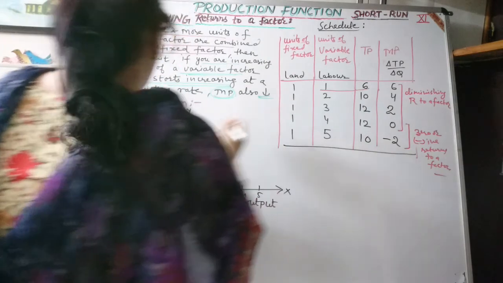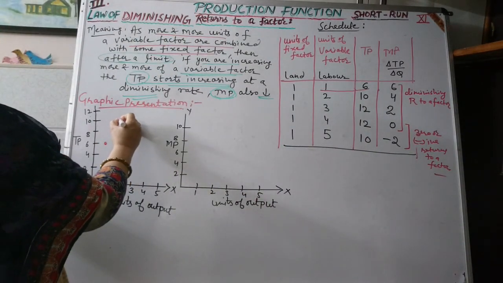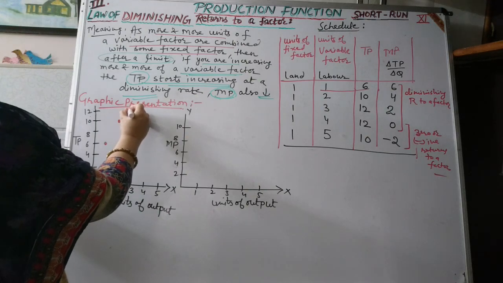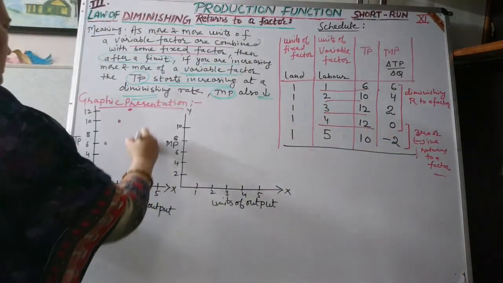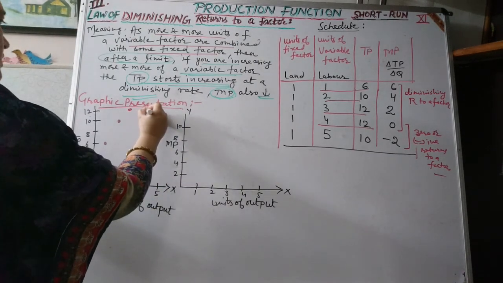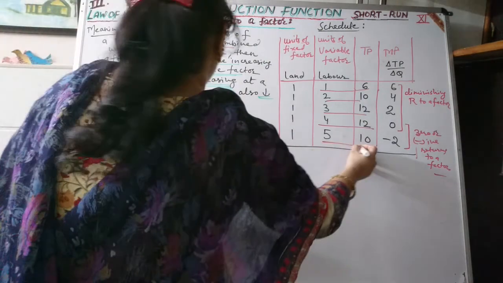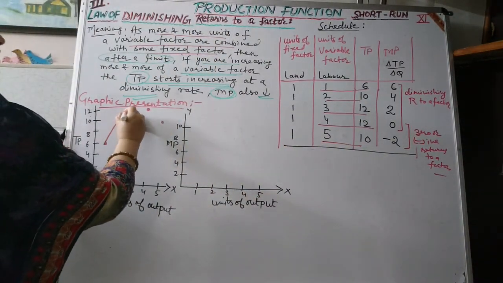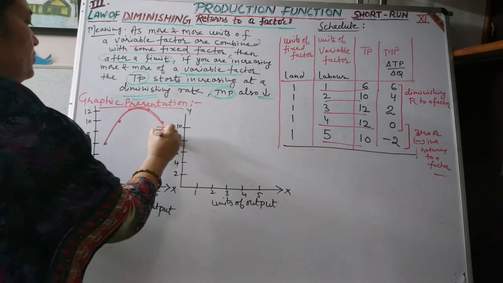So I am preparing first of all total production. At first level of output, total production is 6. At second level of output, it is 10. At third level of output, it is 12. At fourth level of output, it is also 12. And at fifth level of output, total production is 10. While joining all these points, we get the total production curve.